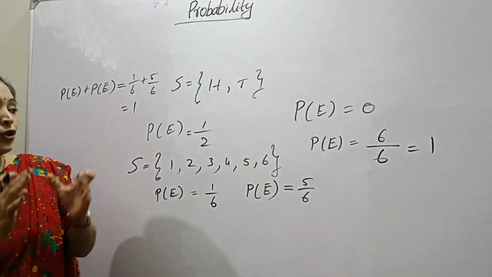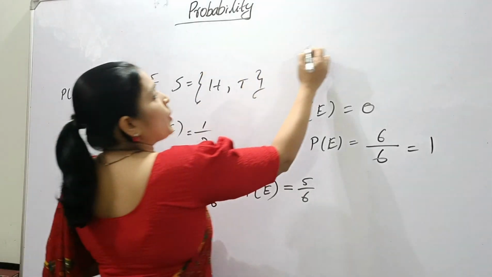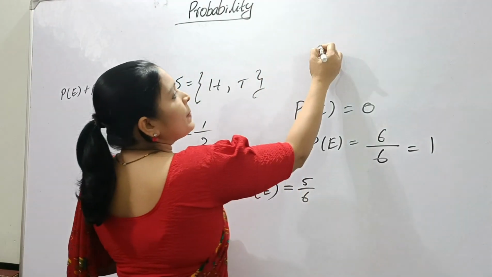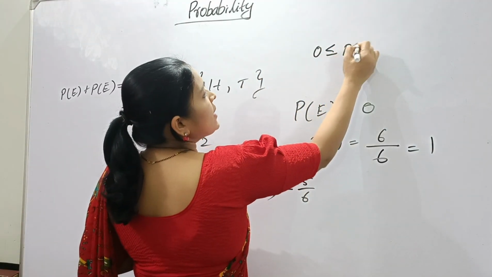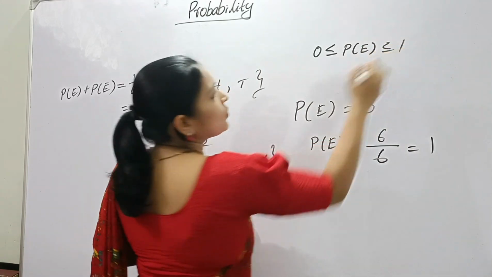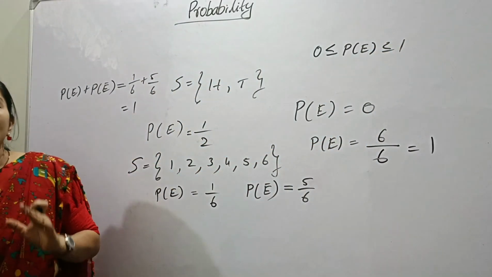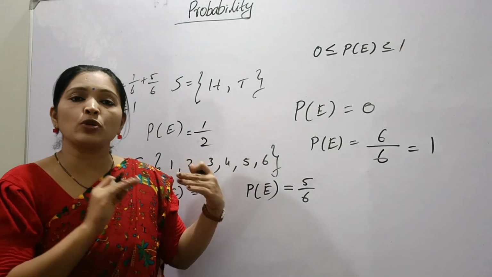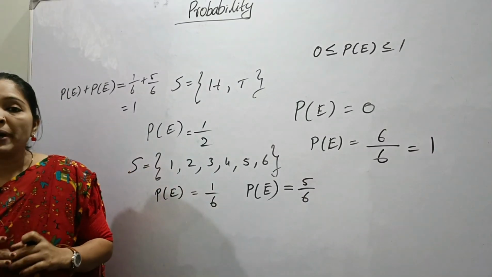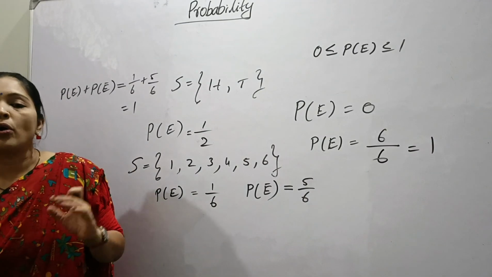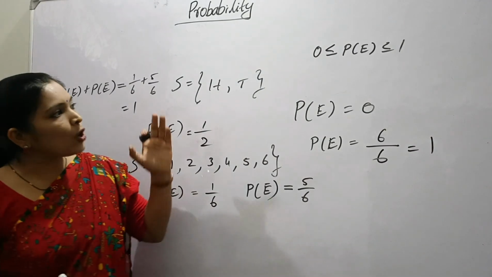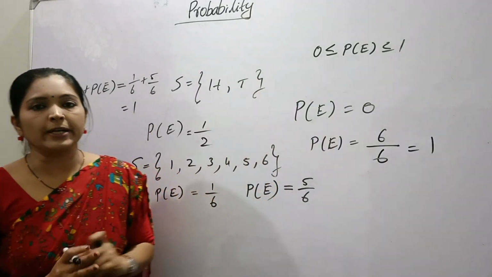So here we noticed that probability is a number between 0 and 1. Remember, probability cannot be negative or greater than 1. These are all things we have already studied.